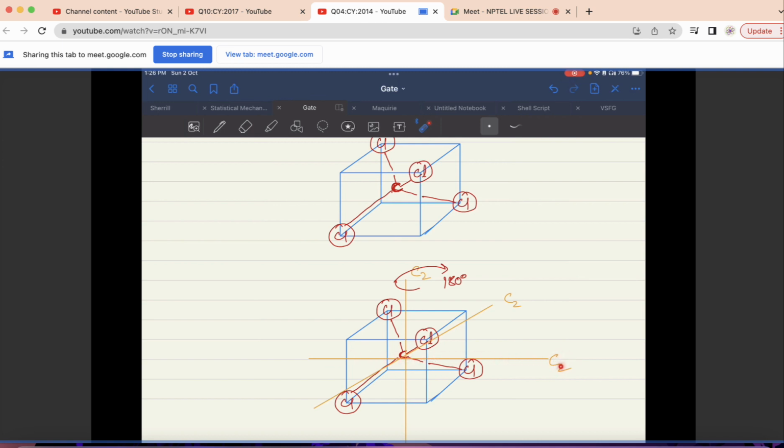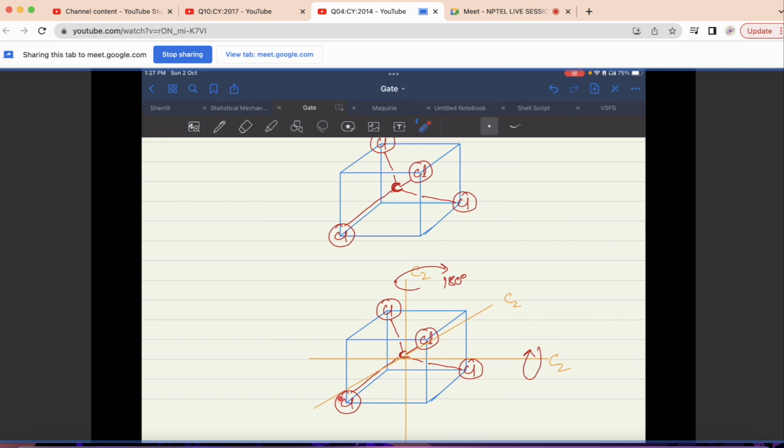This is again C2 doing a 180-degree rotation. If I rotate it like this, this Cl will move here, this will move here, and this will come back here. So this will again be an indistinguishable structure for C2, and the last axis is here.